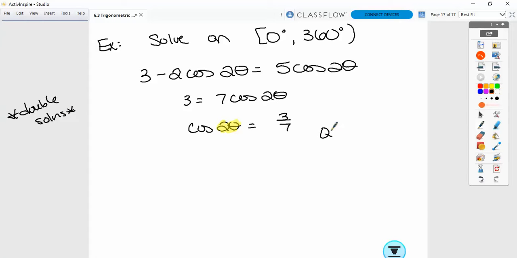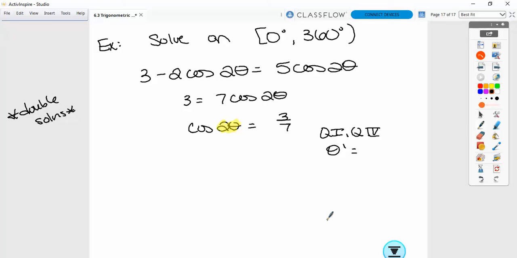Quadrants, when is cosine positive? Reference angle. Do I know when cosine is 3/7? So we have to use a calculator. I told you degrees on this one, so switch into degree mode.